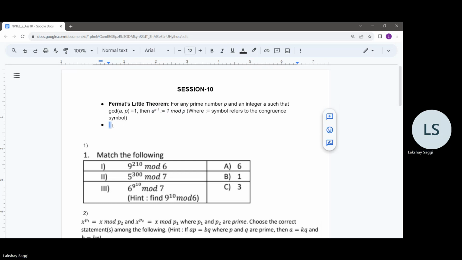The second theorem which we'll be using is the Chinese remainder theorem. Both Fermat's little theorem and the Chinese remainder theorem are the central pillars of all of number theory.